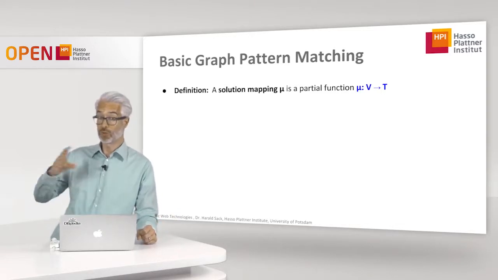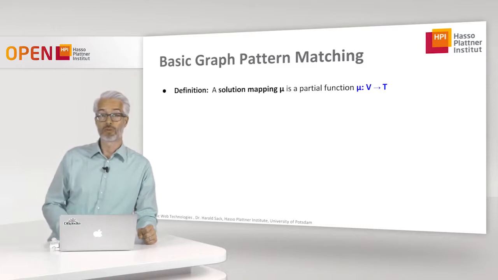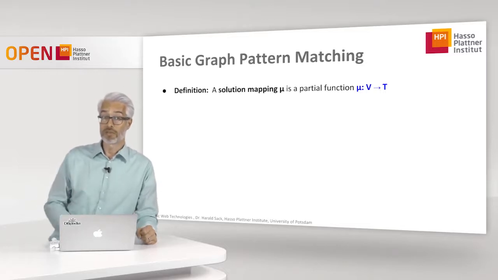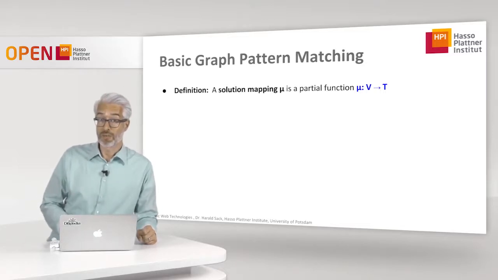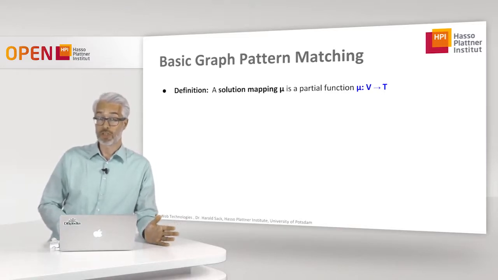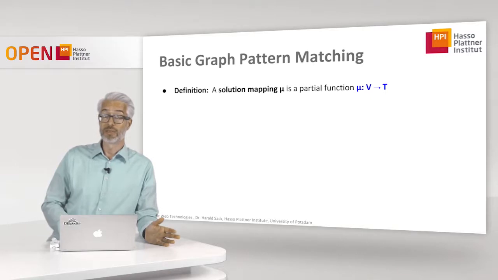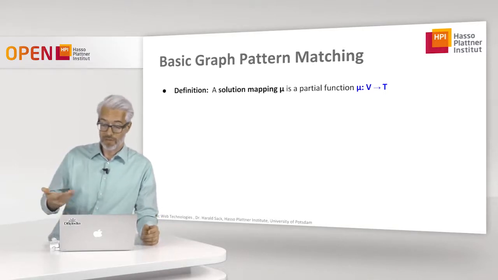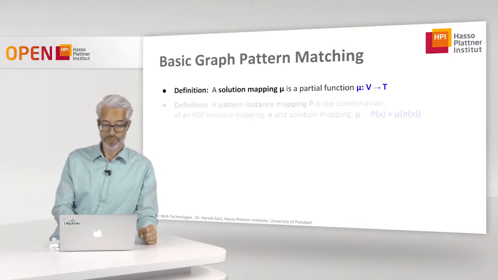You remember, the solution mapping is referred to as mu. This is a mapping of a variable to a binding, a binding of a variable to an RDF expression. Therefore this mu is also a so-called partial function which maps the variables to the available triple expressions, or the available RDF expressions.